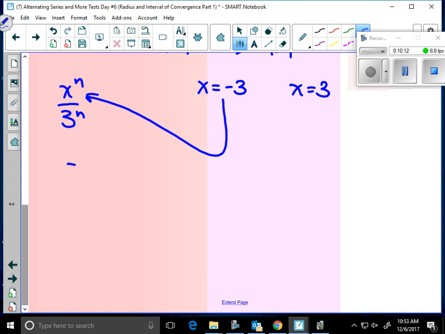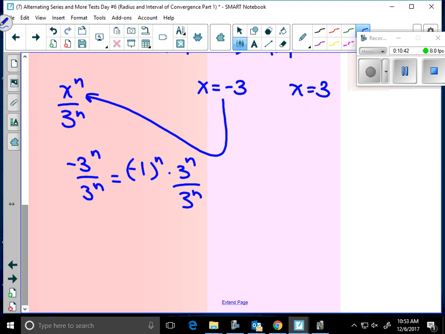The new series would be negative 3 to the n over 3 to the n, which would be equivalent to negative 1 to the n times 3 to the n over 3 to the n. Would this series be convergent or divergent? Do I even need the ratio test? I don't. Would it be convergent or divergent? It'd be convergent?